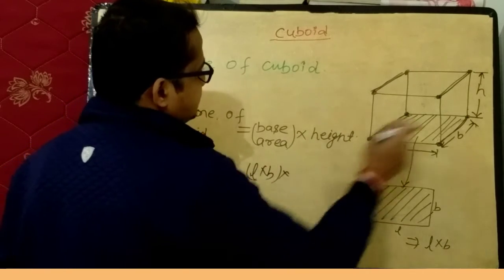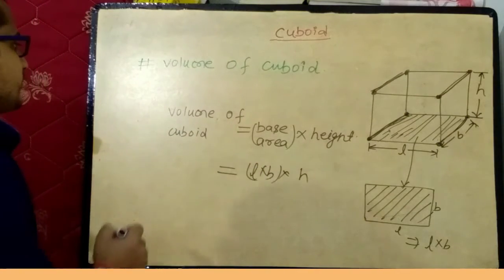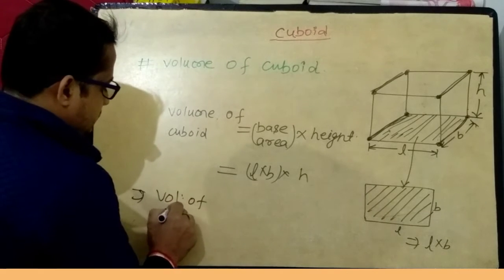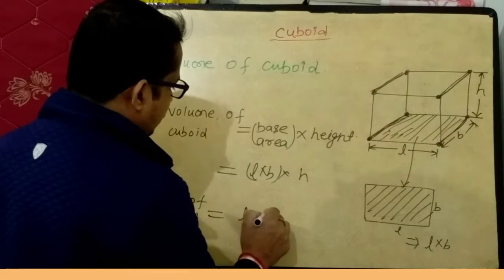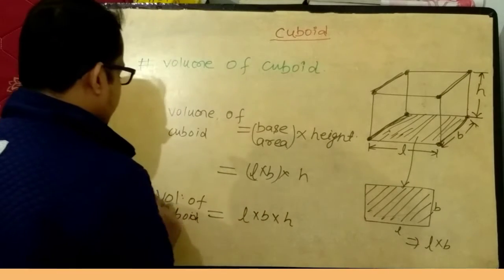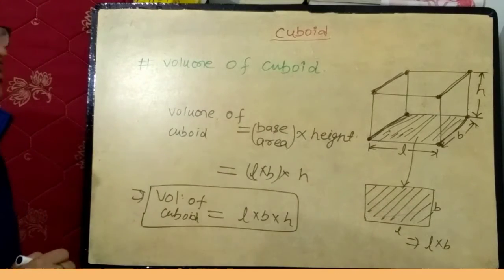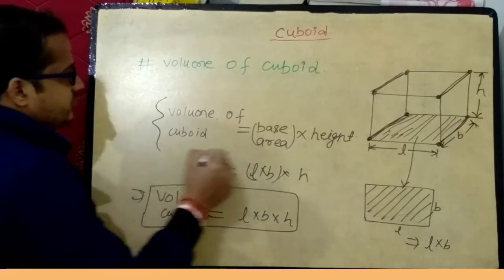Now what is the height of this cuboid? I have considered H as height of cuboid, so volume of cuboid equals to L into B into H. By using this formula, we can calculate the volume of a cuboid. So this is the basic formula.